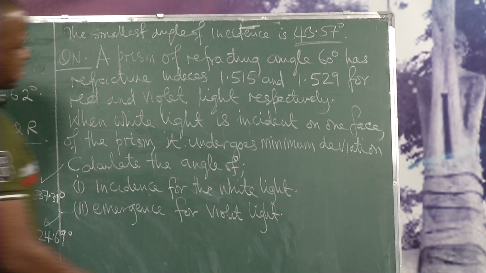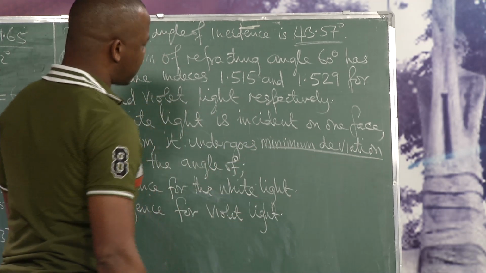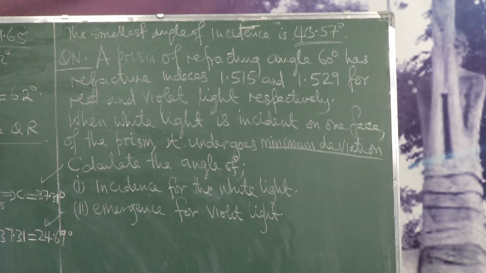They are telling us to find the angle of incidence for the white light and the angle of emergence for the violet light. That is our next question.